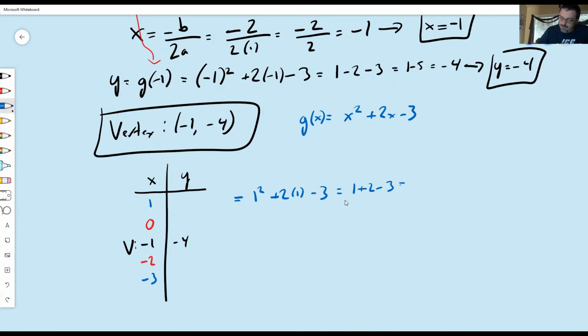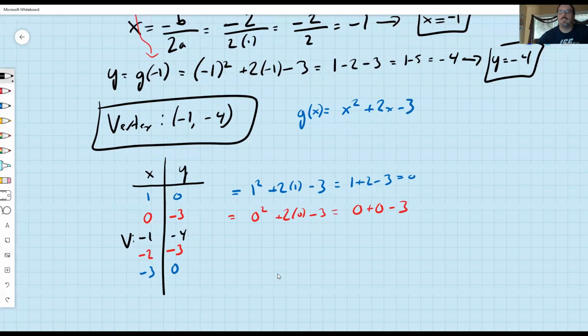Well, that's 0. Because x is 1, it's the same distance from the vertex as minus 3. That's also a 0 value. Okay, and now this one. So I have 0 squared plus 2 times 0 minus 3. 0 plus 0 minus 3. There we are. There's our picture.